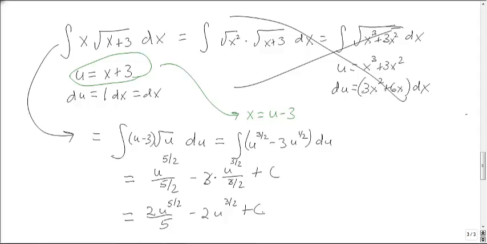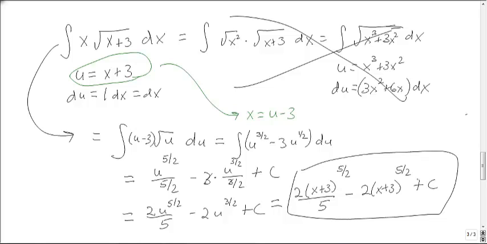And you might think, okay, now I'm done, but the answer here is in terms of u, whereas the original integral is in terms of x. So we need to plug x's back in. And so what we'll get is 2, see, u was x plus 3 to the 5/2 over 5 minus 2 times x plus 3 to the 5/2 plus c.